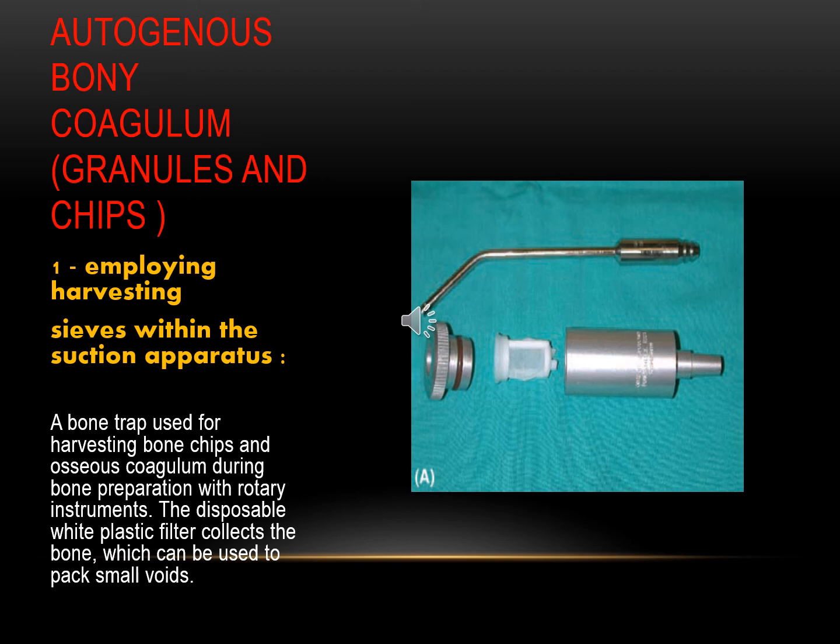There is a filter inside this device that will collect all the granules of the bone. After finishing the suction, we can take this device out and take the bone granules and the chips from the filter and use them to treat our bony defect.